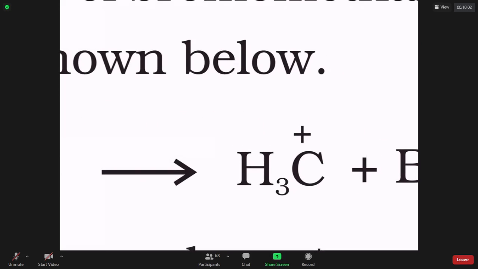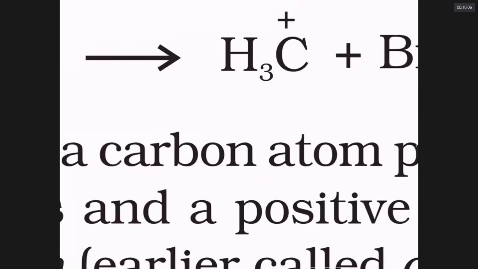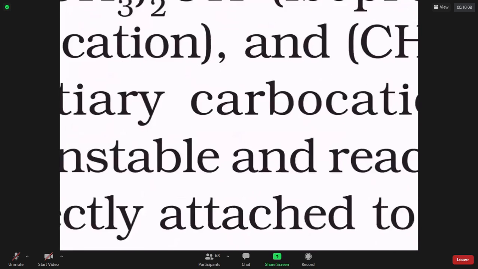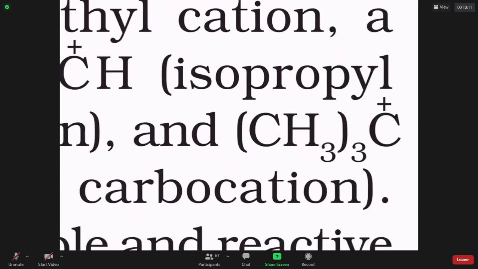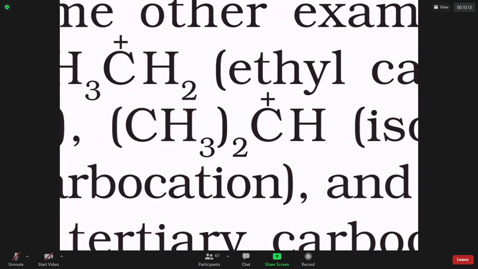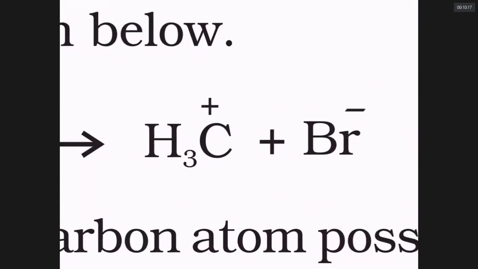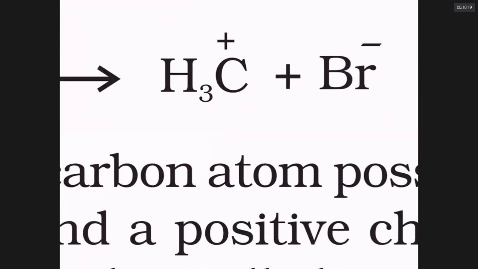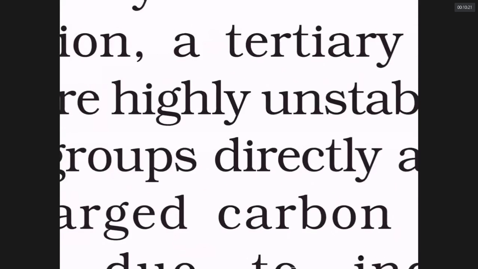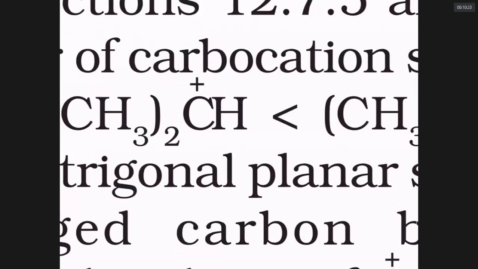These effects we study shortly. But at the moment, I would say the tertiary carbocation is always more stable than secondary carbocation, which is more stable than primary carbocation, which is more stable than methyl carbocation. That's a point. What stabilizes it, we see shortly.